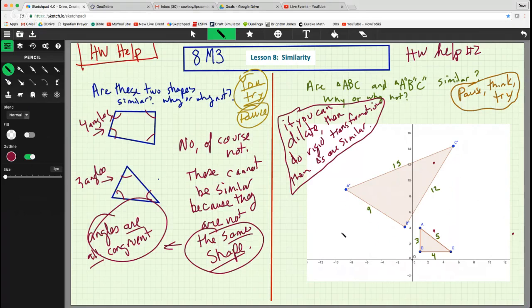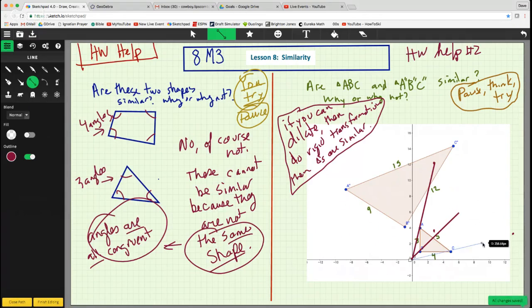Because we're going to blow this guy up, right? So if we blow this up with an R of 3, we've got to blow it up along these lines here.